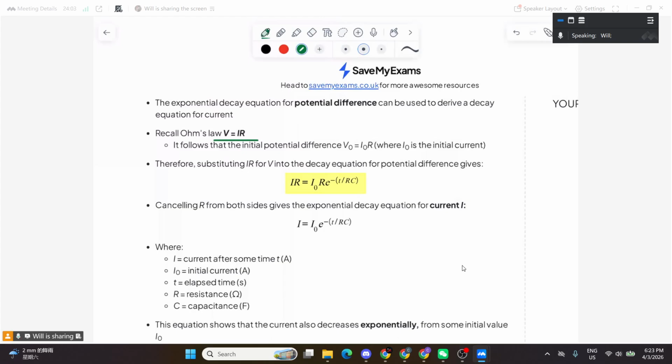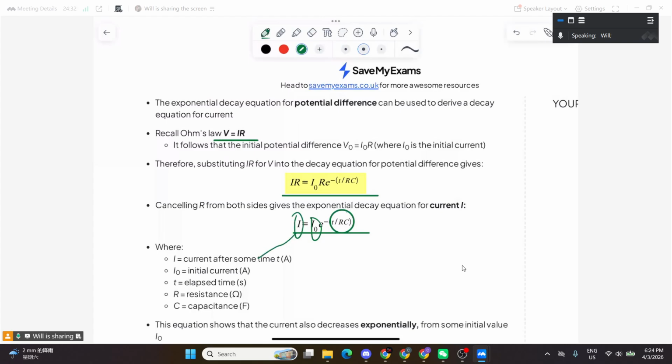So if we have a graph of the potential difference over time, we get approximately the same graph of the current over time. The potential difference and the current obey the same exponential decay equation, so the formula is unchanged, but we change these symbols.